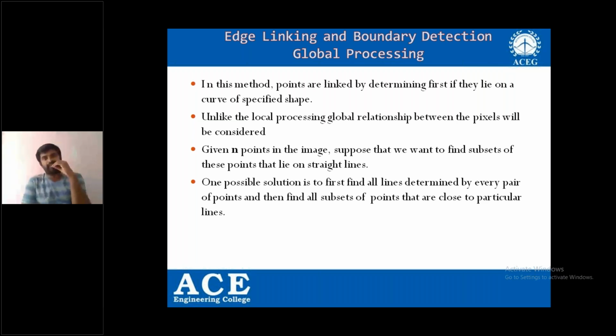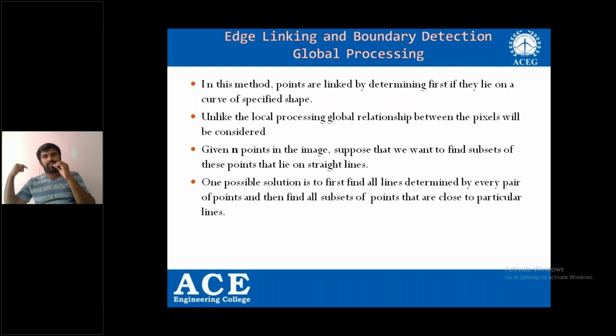But now we go with global processing. In global processing, the points are linked by determining first if they lie on a curve of a specified shape. That is, we use the global relationship. If any two pixels are considered along the edge, it may be one edge, it may be another edge. My target is to link up the two edges if there is any relation, right?